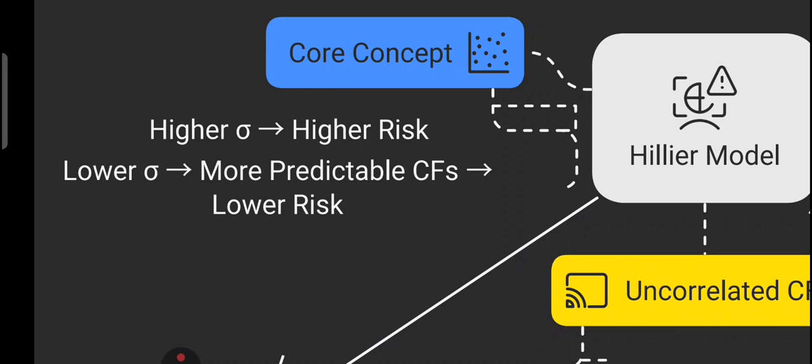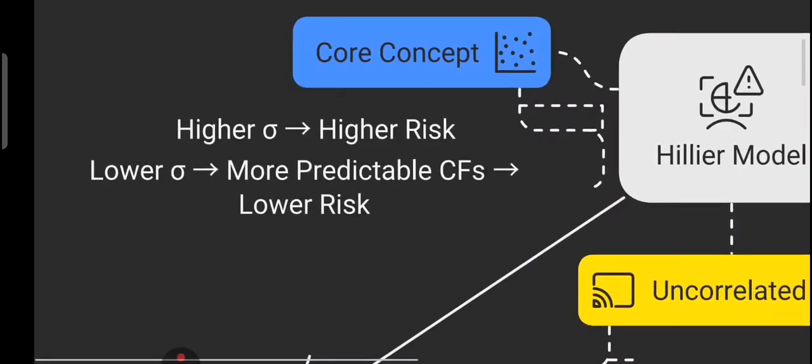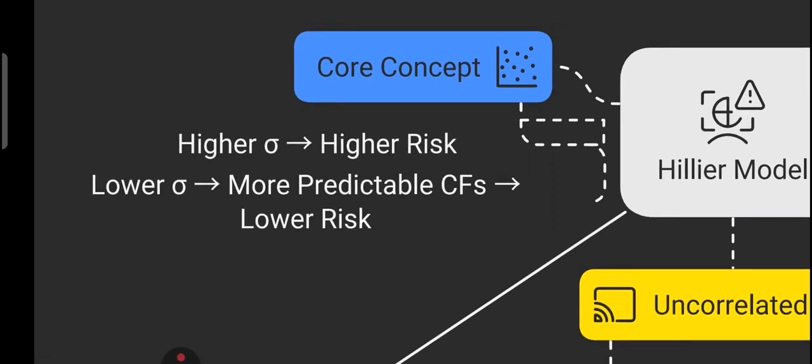So for those cash inflows it uses the standard deviation. I think you know how to calculate the standard deviation of cash inflow. We have discussed it in detail in AVM and BFM. So it uses the standard deviation of the cash inflow to estimate the risk. Simple meaning: higher sigma means greater uncertainty and higher risk.